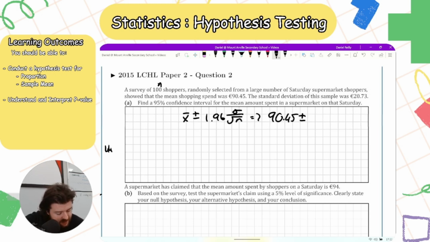That would be equal to 90.45 plus or minus 1.96 times 20.73 divided by square root 100.